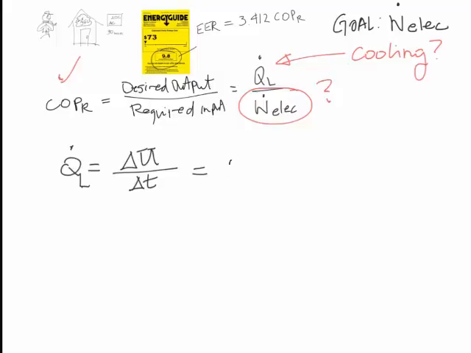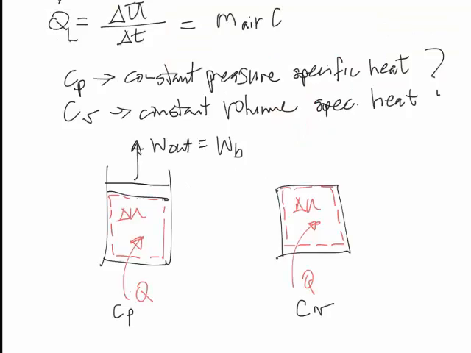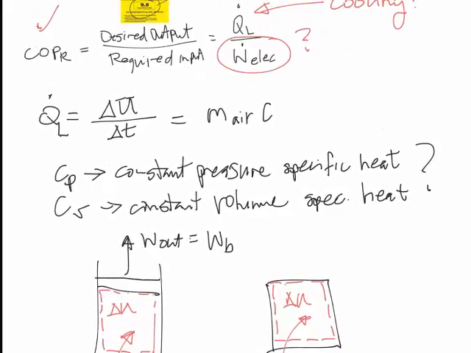And we know that the internal energy change is going to be the mass of the air times the specific heat of the air. It seems clear that since this is a fixed mass of air inside of a house, and the house boundary isn't moving, we'll call that C sub V, because there is no boundary work associated with the input of heat and the changing internal energy of the air.